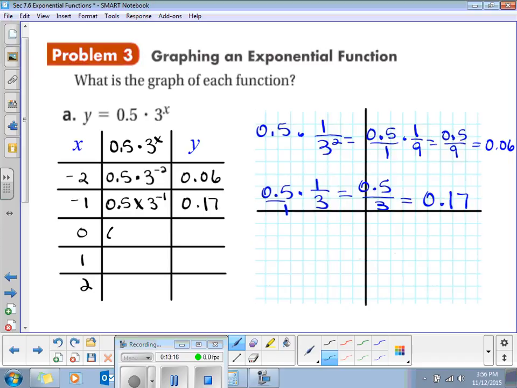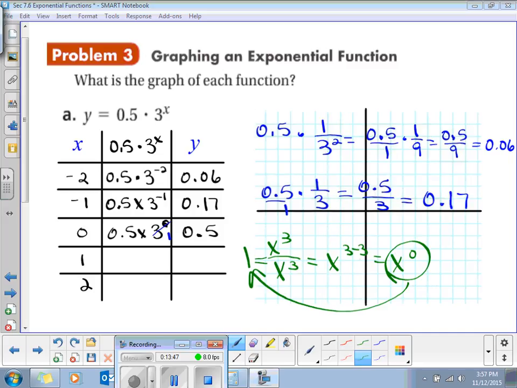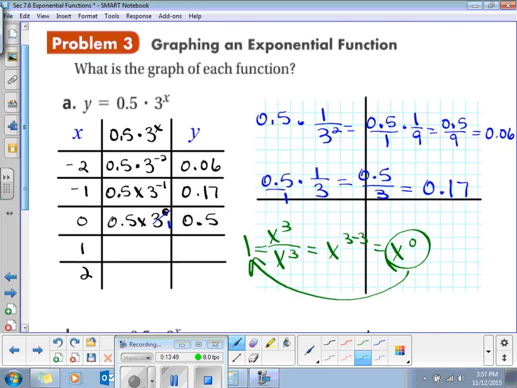All right. So now we've got 0.5 times 3 to the 0 power. Any number raised to the 0 power is equal to? 1. Very good. So this is going to be 0.5 times 1, and this is 0.5. All right.